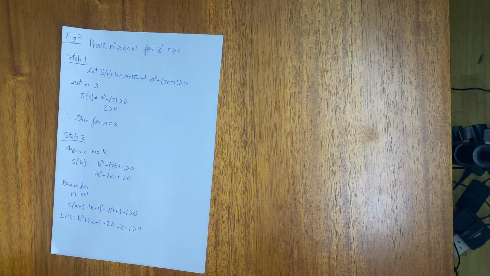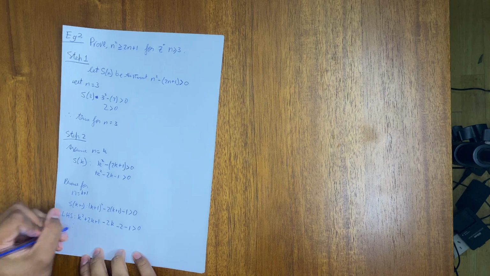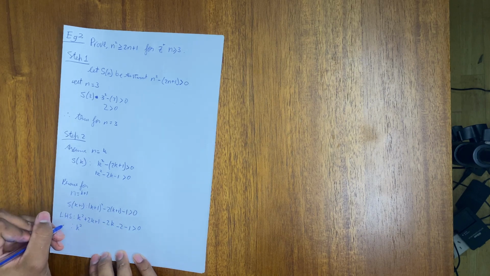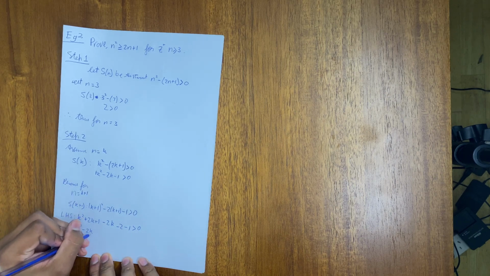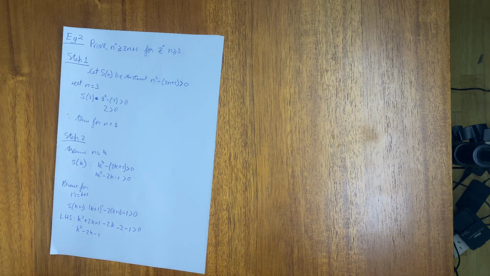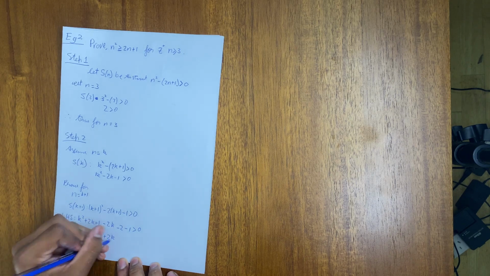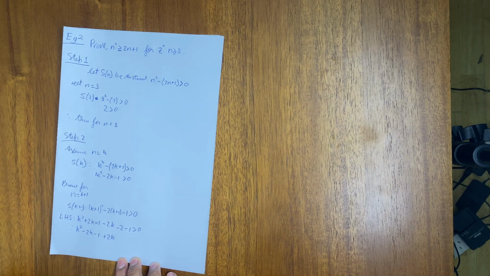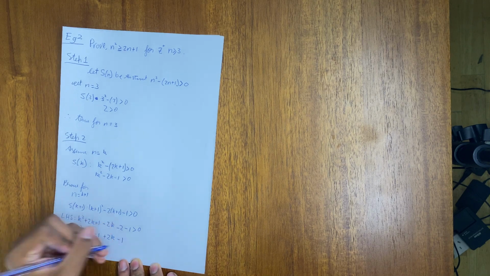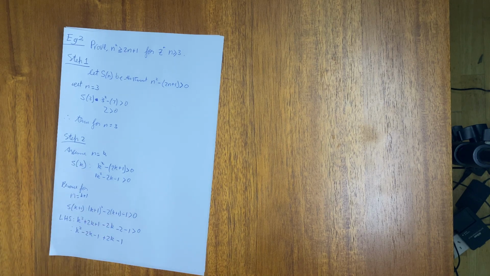Rewrite this as k squared minus 2k minus 1 plus 2k minus 1 in this case.